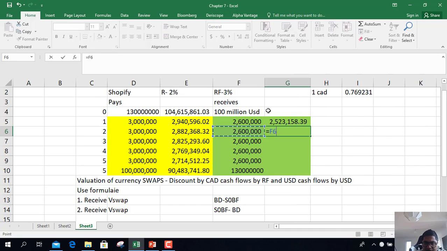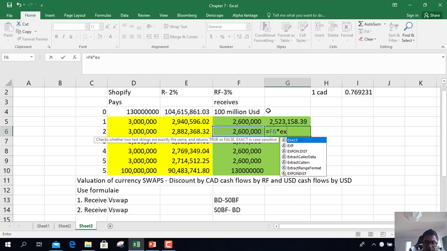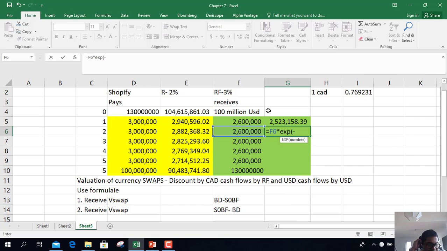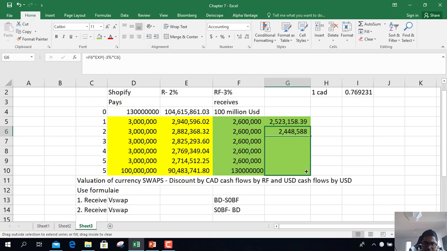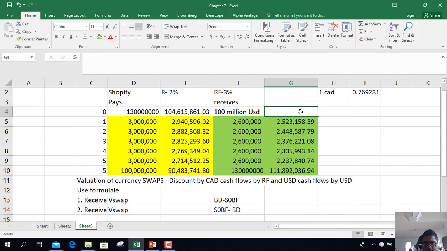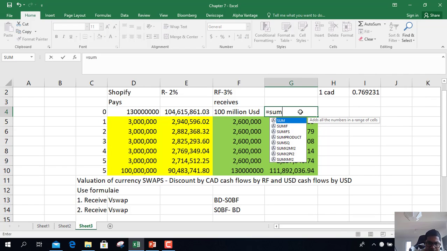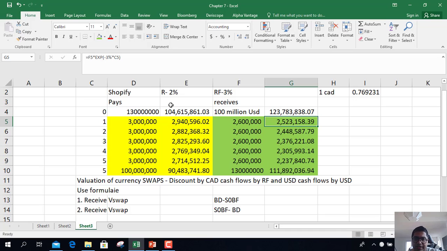Next it is cash flow multiplied by exponential, negative sign, 3% into time. Just drag it down, and add them up. So you know the present value of cash flows in US dollars and the present value of cash flows in Canadian dollars.